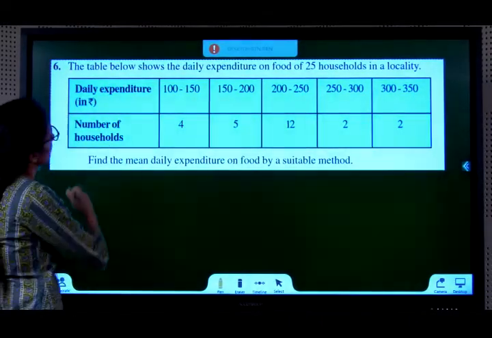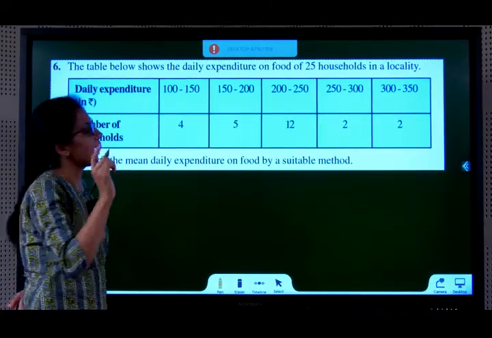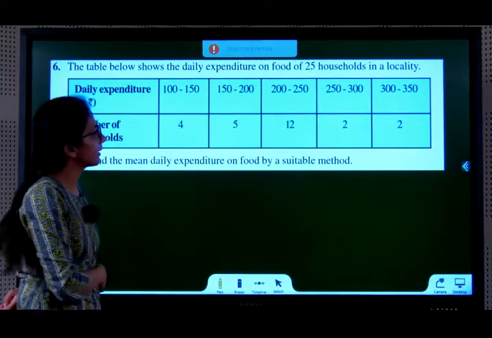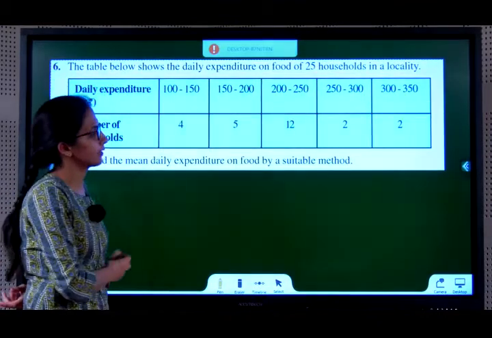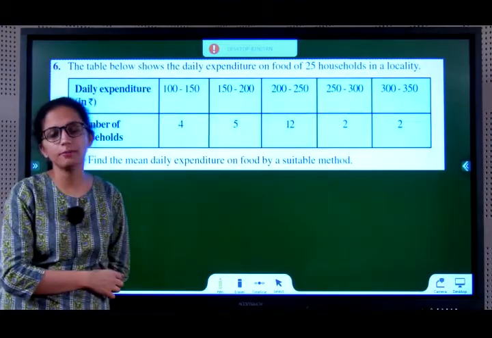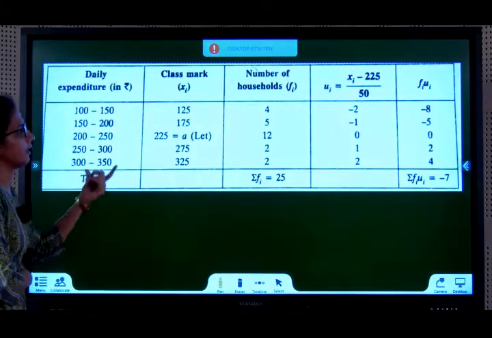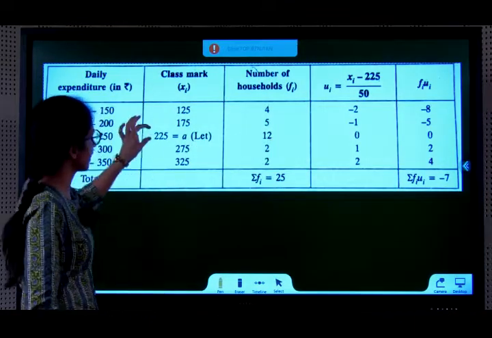Going for standard deviation method, we have class, find xi, find fi, choose your assumed mean. After you choose your assumed mean, substitute ui is equal to xi minus a by h. And then what do we do? Find fi ui. Come on, do it. Pause the video, do it, and then verify if your table matches mine. So you can see we have class, we have the xi, we have the fi. Choose your assumed mean, middlemost xi value.